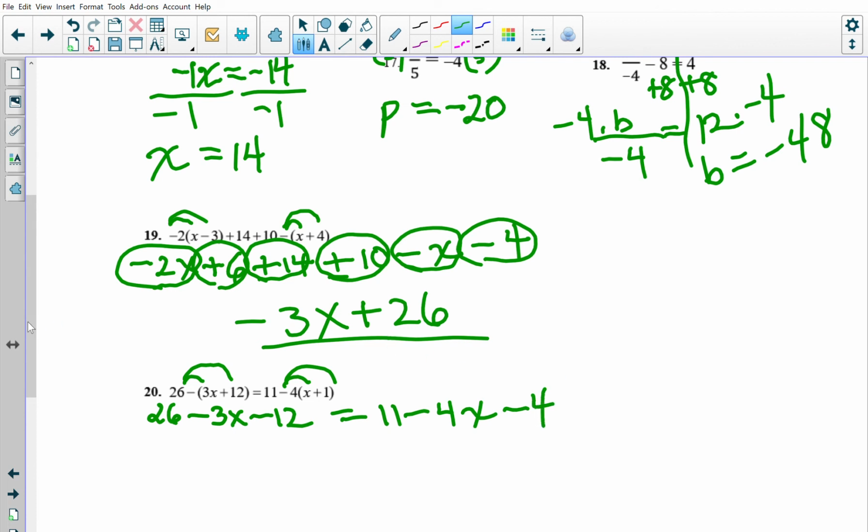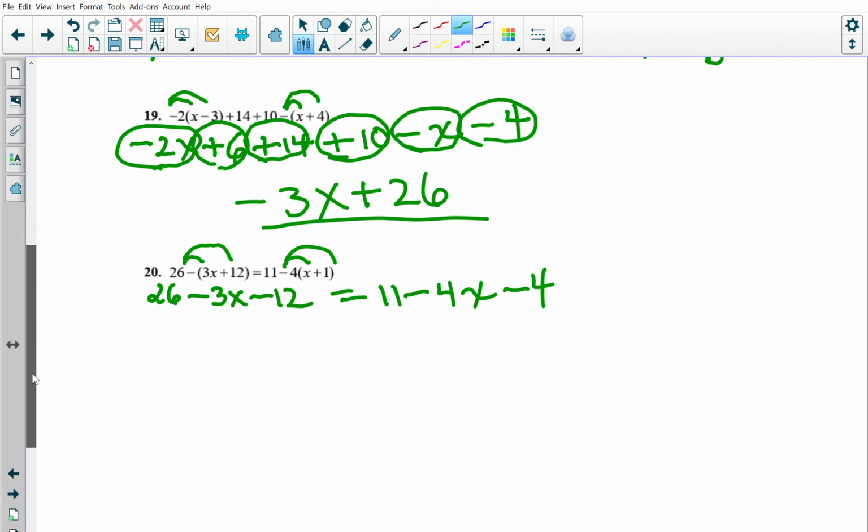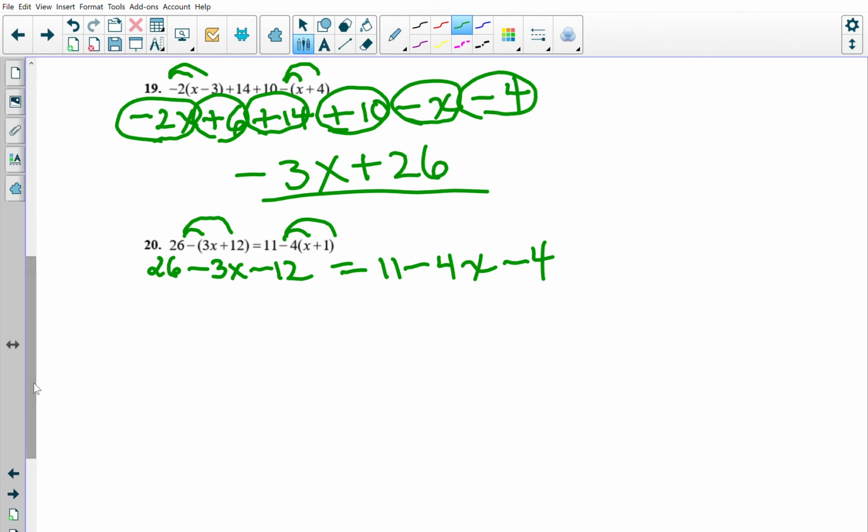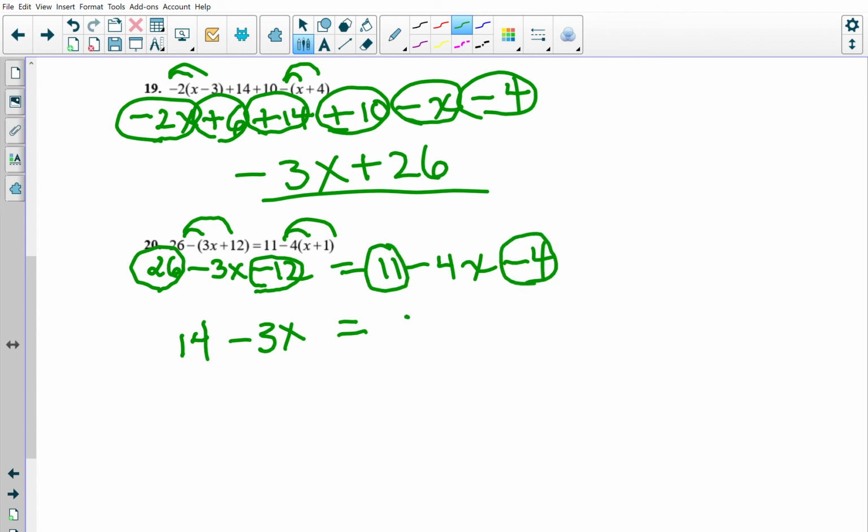So I have 3 terms on each side, and I have to combine the like terms. So 26 minus 12 is 14 minus 3x. And on this side, I have 11 minus 4, which is 7 minus 4x.